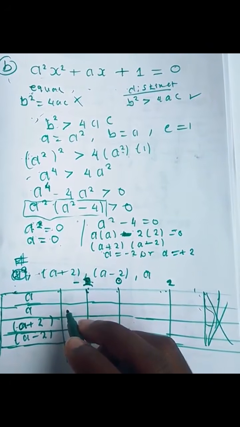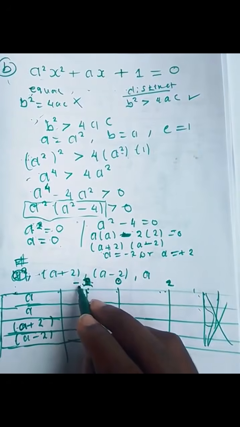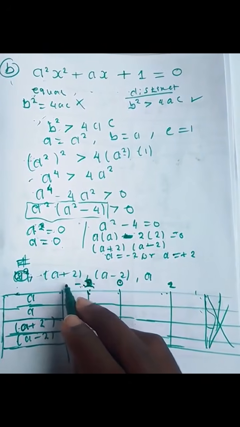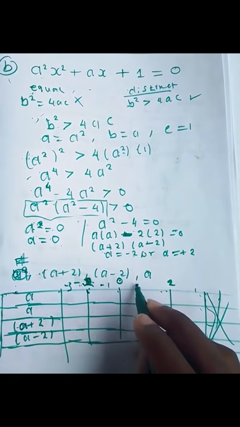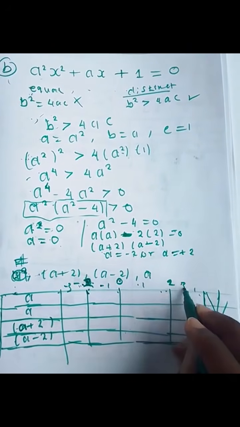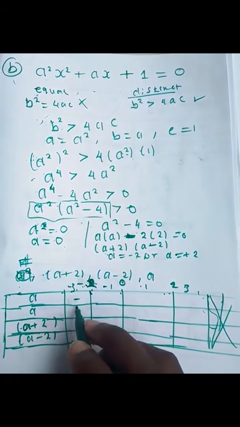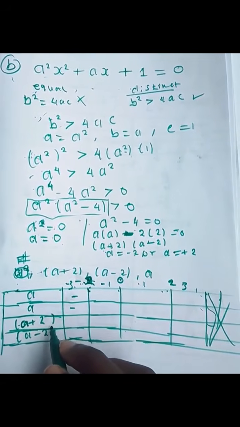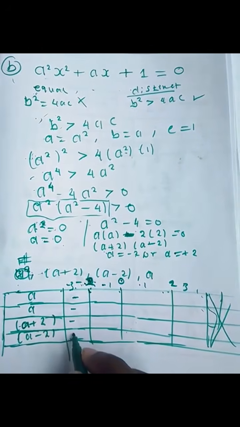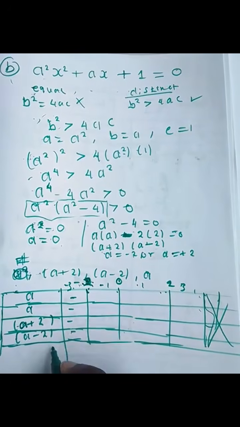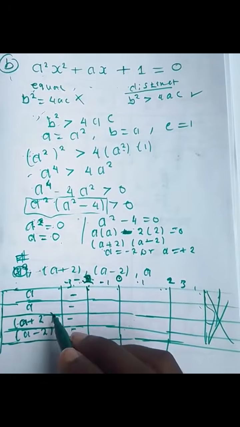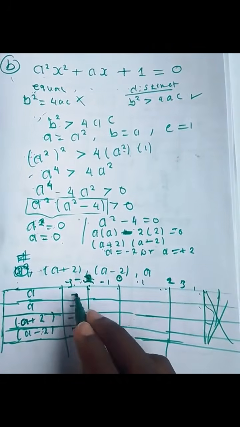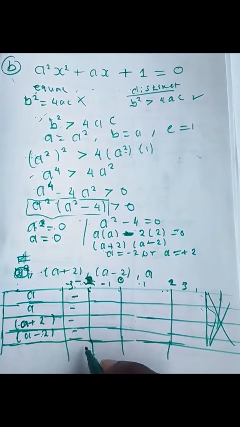So if I put this one, I mean, let's assume here there's negative 3, here there's negative 1, here's 1, there's 3. If I put negative 3, it would be negative, negative, negative, negative. Yeah, so positive, positive, so positive.